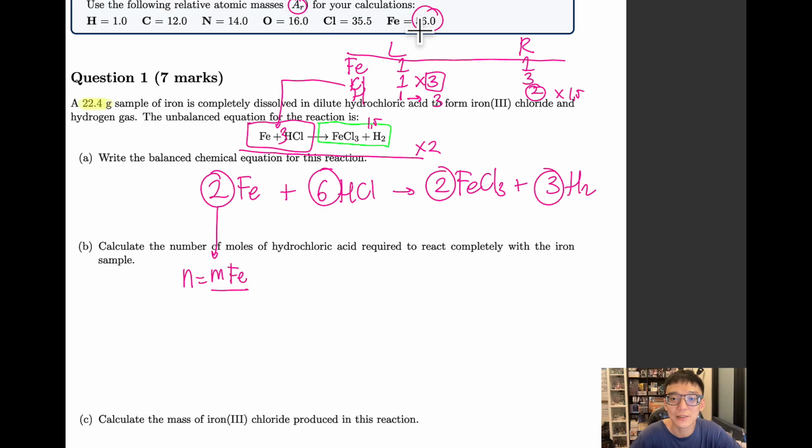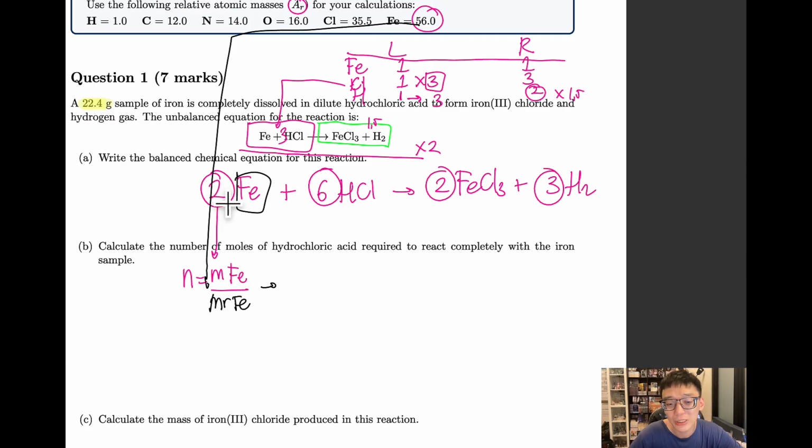It's given as 56, so we can use it. Ar of Fe, or you can say Mr if you are more familiar with Mr. That's also okay, but technically it's Ar because it's only one atom, only Fe.